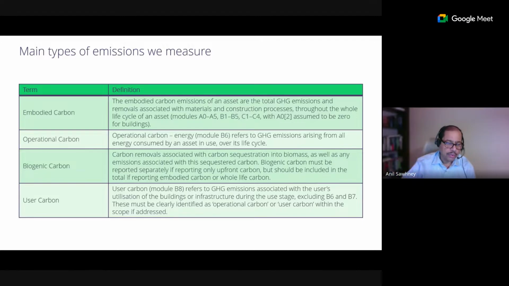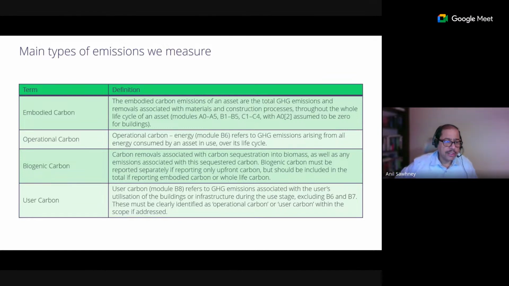If you flew into Nagpur, the emissions that were caused because of your travel are also user carbon. So I'm defining it here, but generally it is not part of the calculations. We focus on embodied, operational, and biogenic carbon generally. But it's good to know what is user carbon.